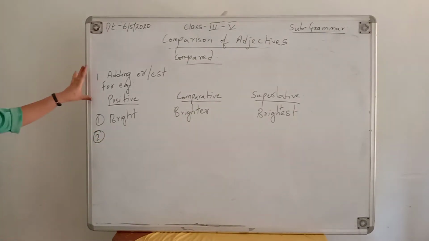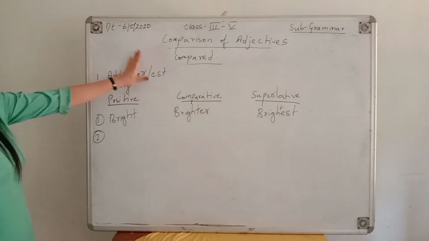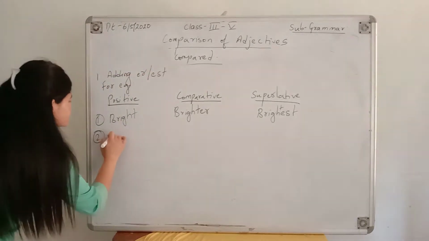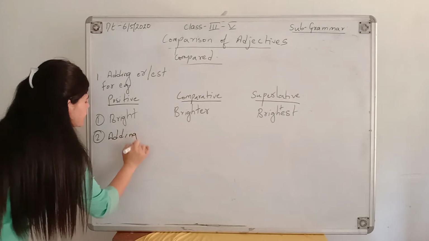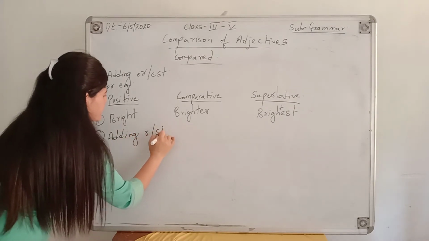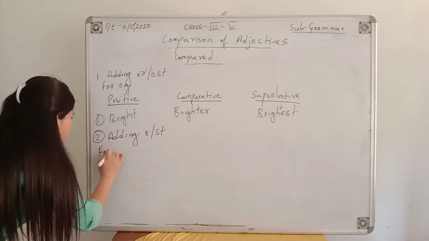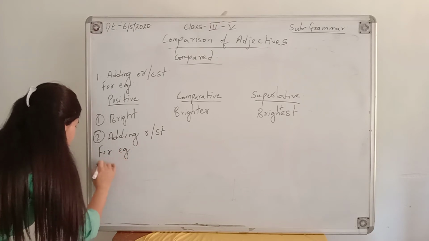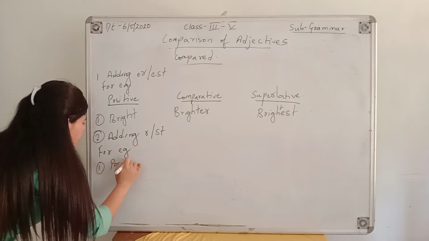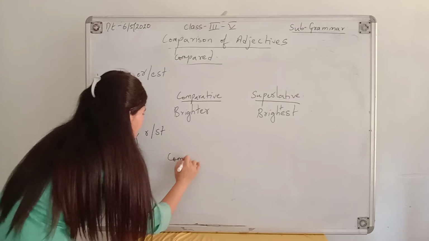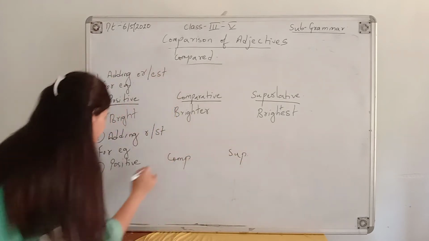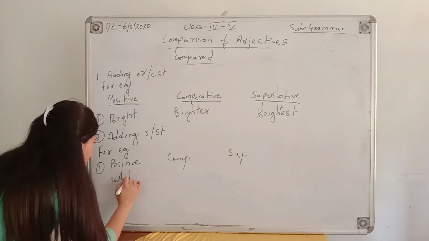So the first one is adding er or est. Now the second one is adding r or st. For example, positive, comparative and superlative. Example, white.